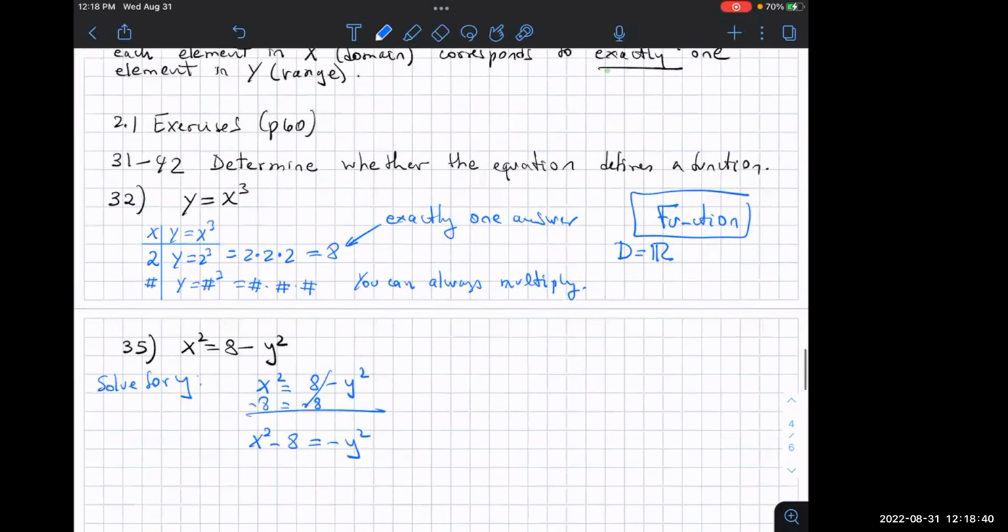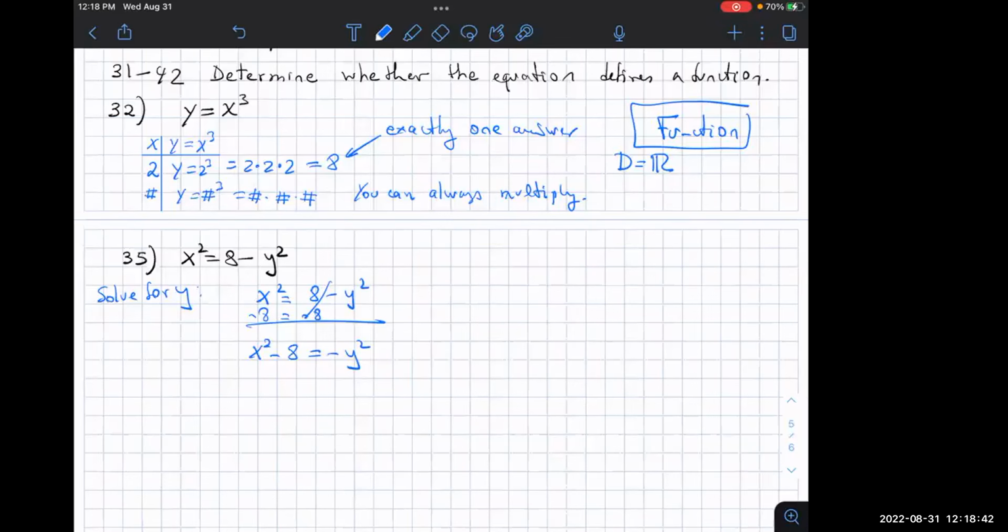What's the next step? Divide by -1, or multiply by -1. -1 is special in that case. So y squared equals negative x squared plus 8. That's x squared over -1 minus 8 over -1.